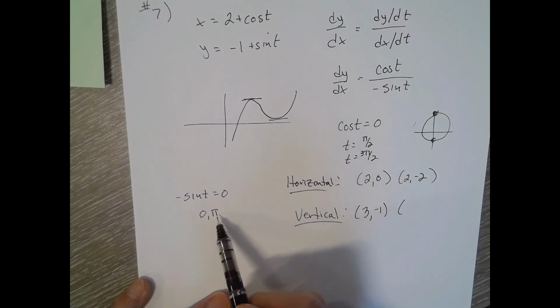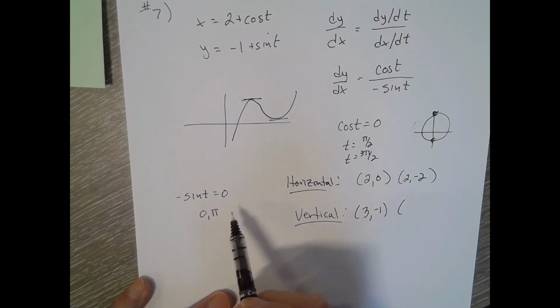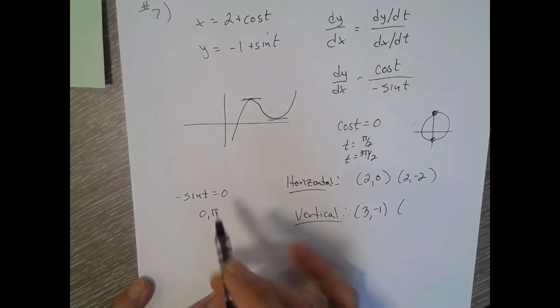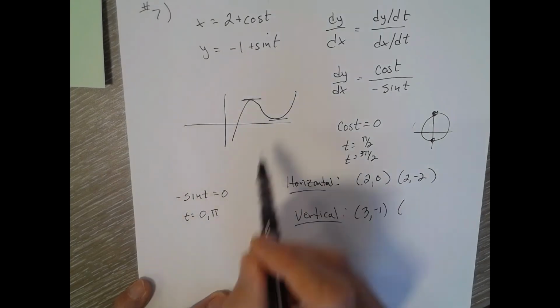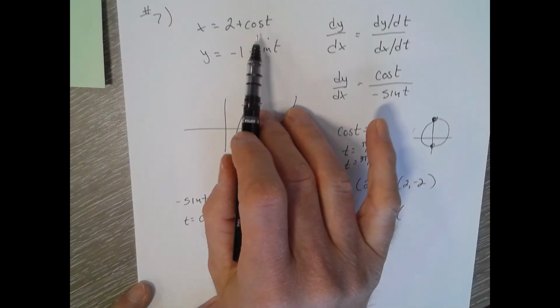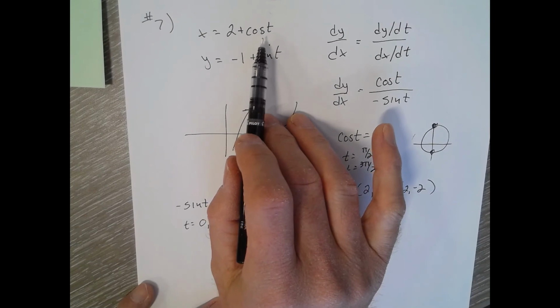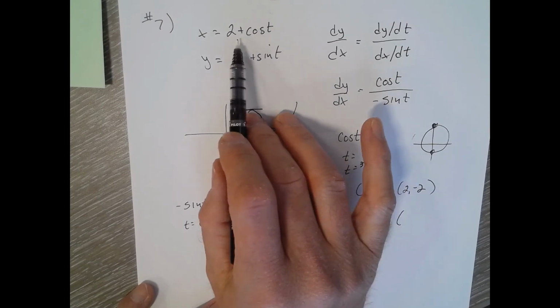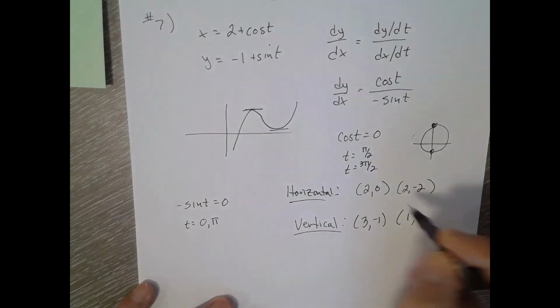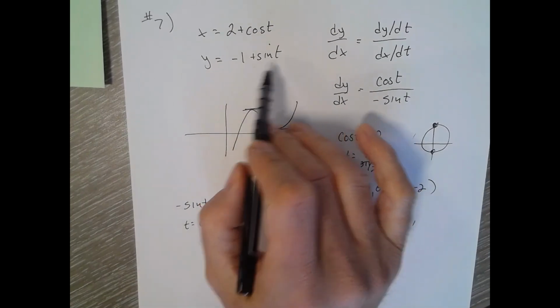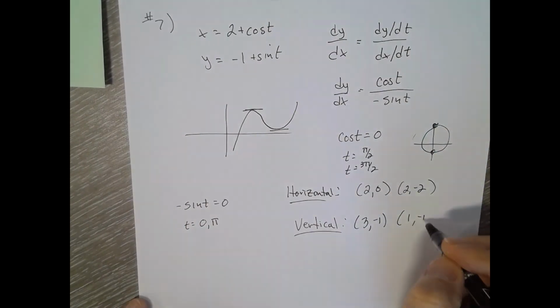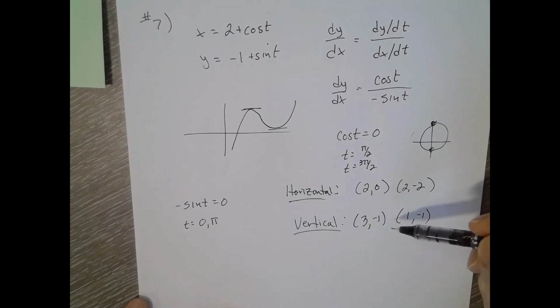The other vertical tangent happens at t equals pi. Plug pi into my x parametric, I get cosine of pi, which is negative 1, plus 2 is 1, comma, plug pi in here, sine of pi is 0, negative 1 plus 0 is negative 1. So my vertical tangents occur at those 2 points.